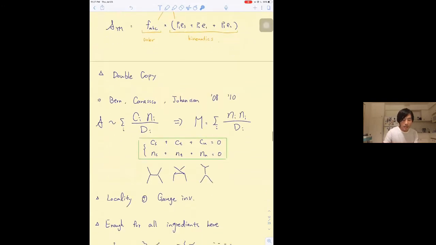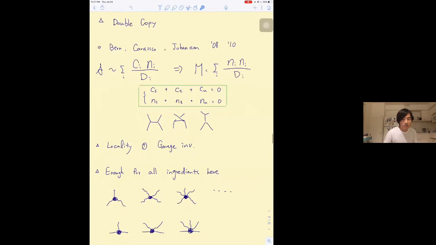In this work, we'll actually follow a different formulation of the double copy coming from Bern, Carrasco and Johansson around 10 years ago. The idea is that because Yang-Mills and gravity are both local field theories, we can express the answer in terms of local cubic diagrams. These cubic diagrams have the same type of denominator, the propagators.